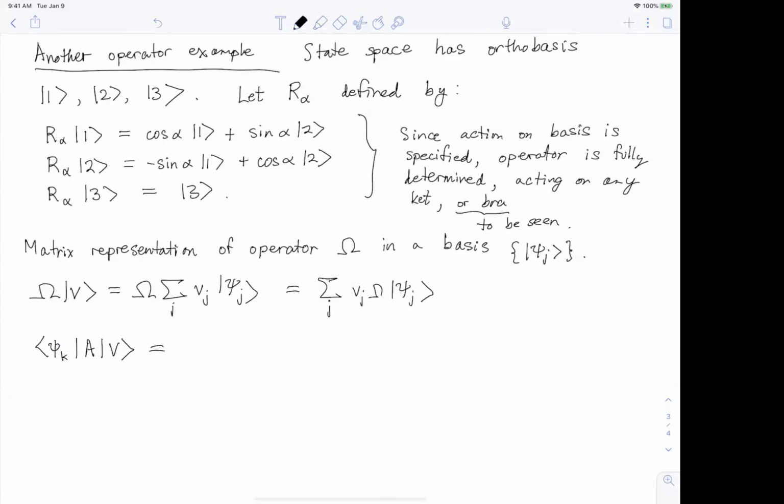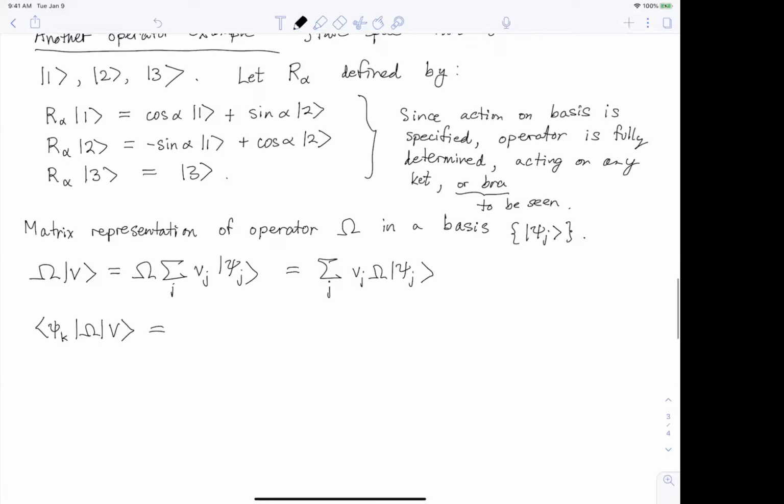I'm switching notations in my mind. Okay, so psi sub k omega v would be sum over j of my components, v sub j, and then psi sub k omega psi sub j.